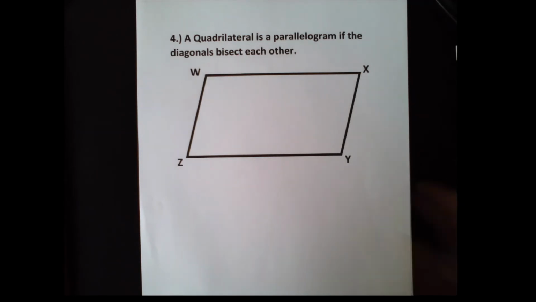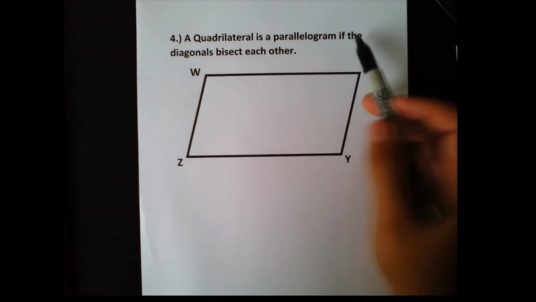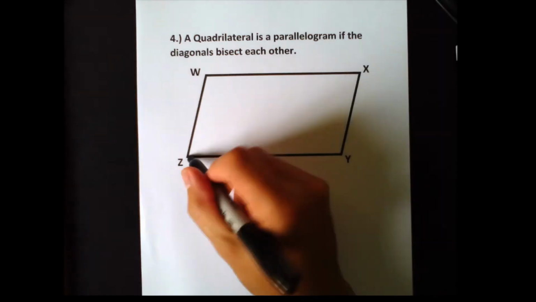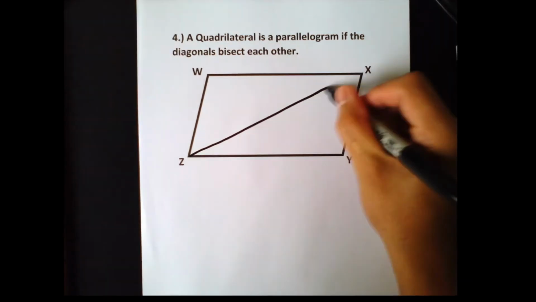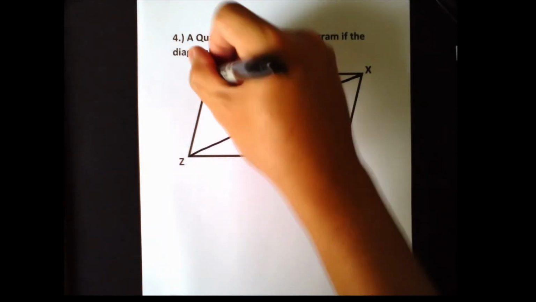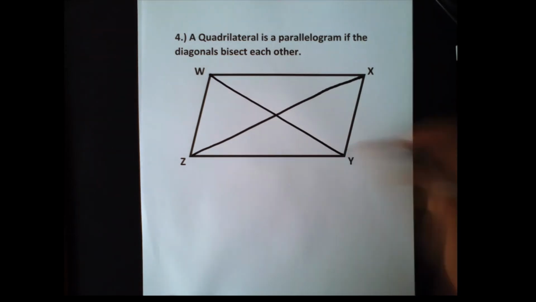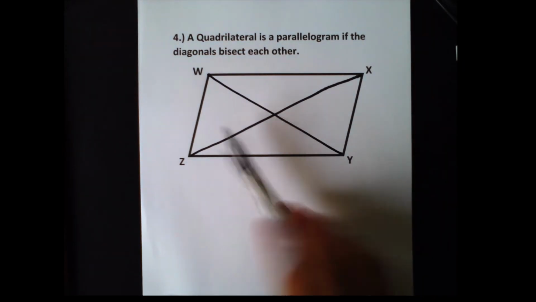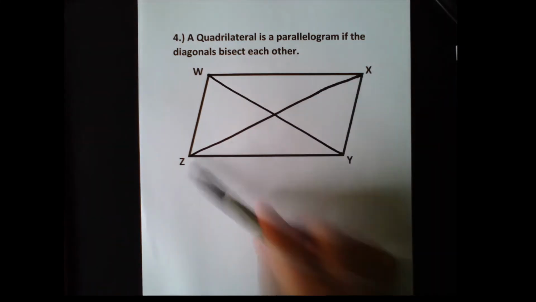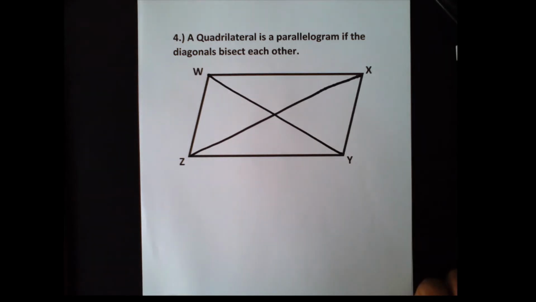Based on the condition, if we draw the diagonal from X and the diagonal from W to Y, and the diagonals bisect each other, they intersect each other. Therefore, this is a parallelogram.